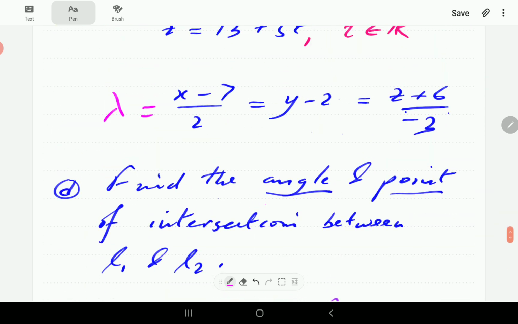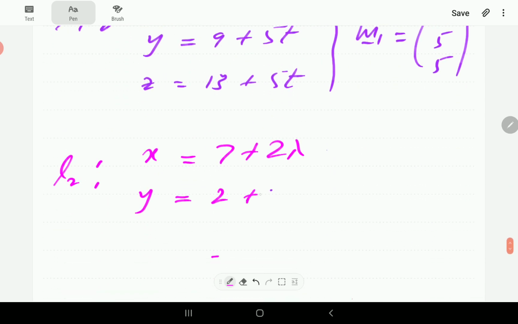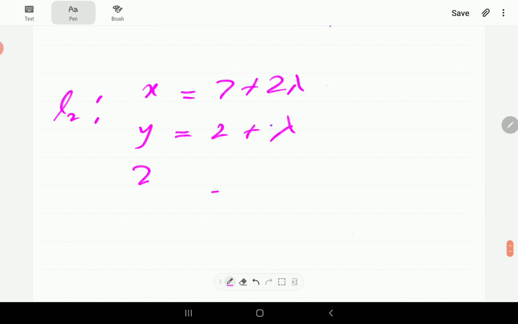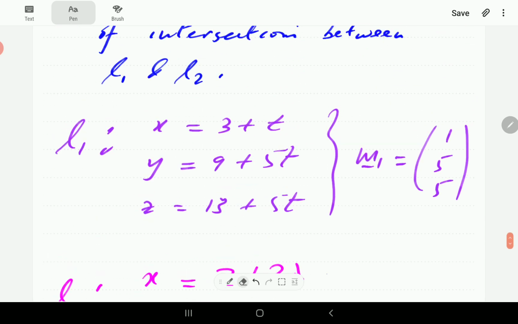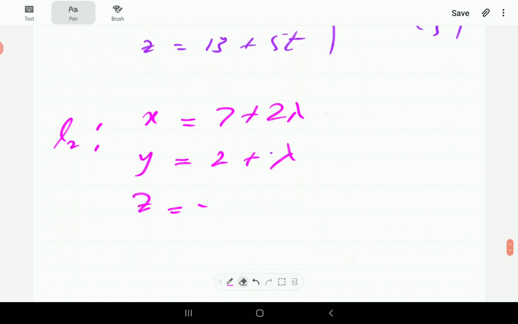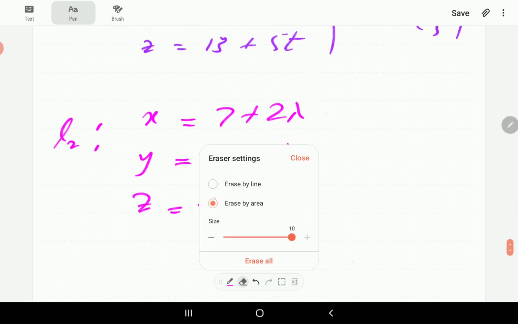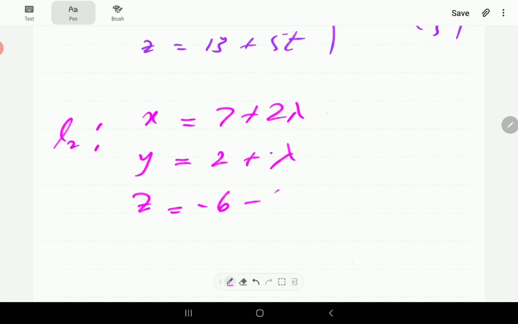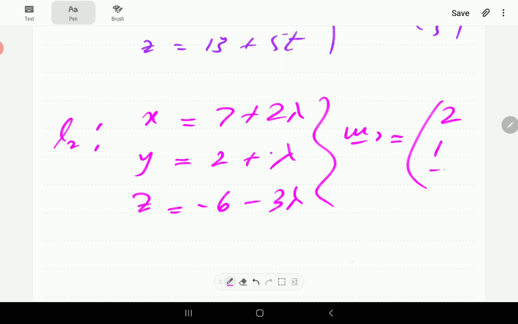Y is 2 plus lambda, and then z is negative 6 minus 3 lambda, which means m2 is (2, 1, -3).